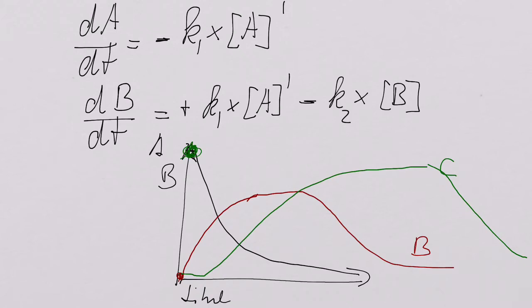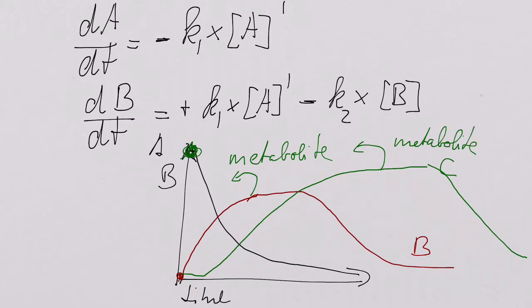Now then, you form a metabolite. So this B here is a metabolite of A, of the Viagra. And then this metabolite becomes further metabolized and turned into C. So the C then is another metabolite. Yeah? And so on and so forth.